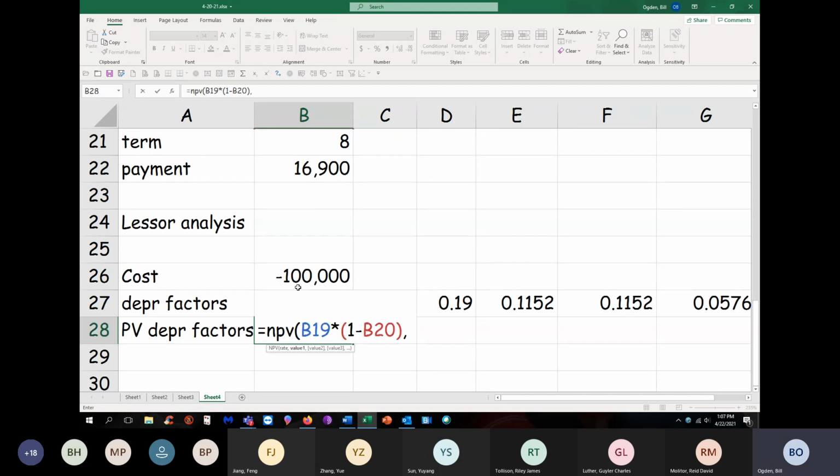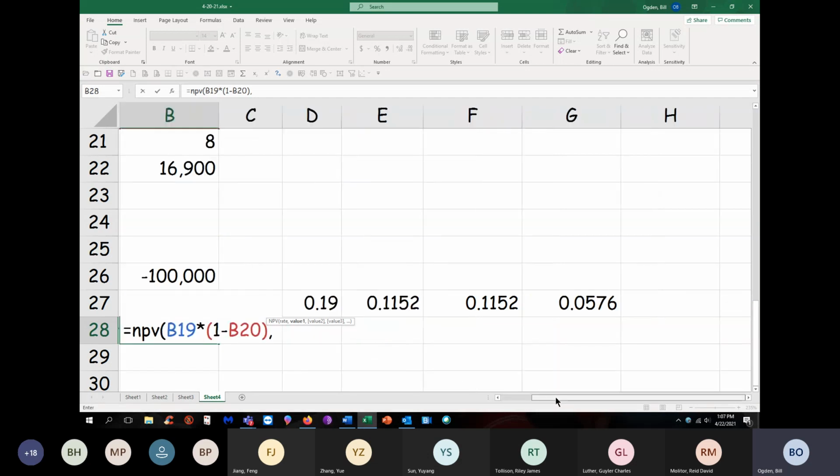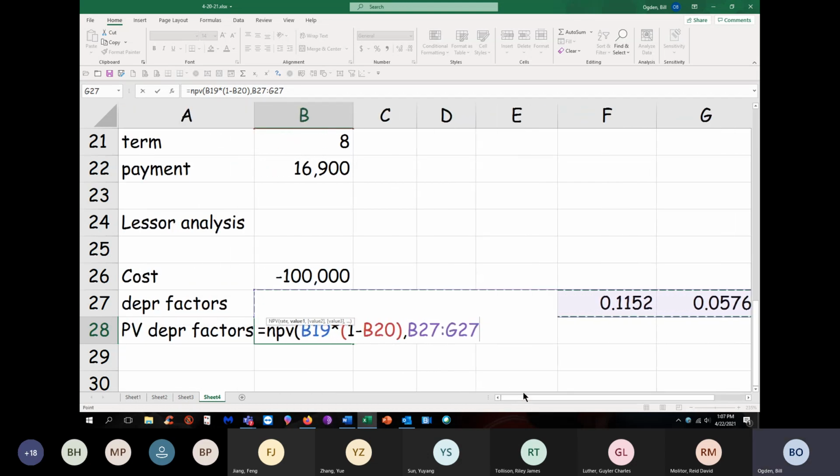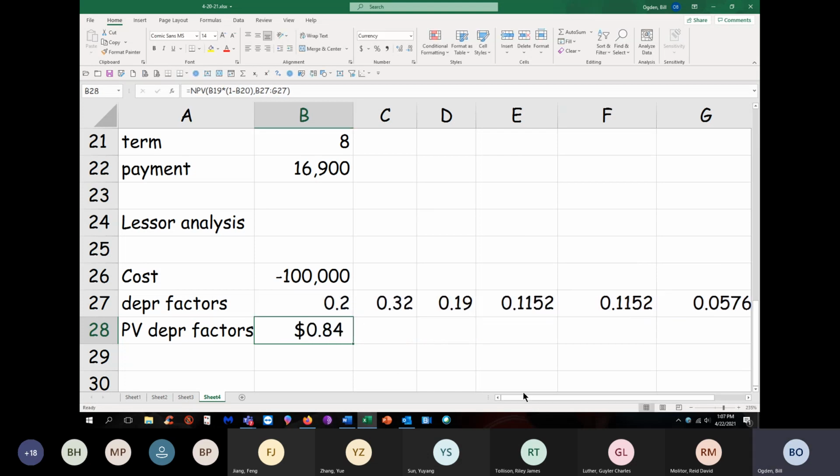So we'll do a comma on that, and then we will highlight the factors. I think that gets them all. And then we'll close the argument and convert that to 4 decimals.